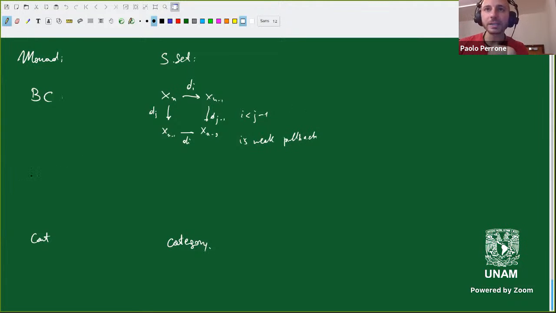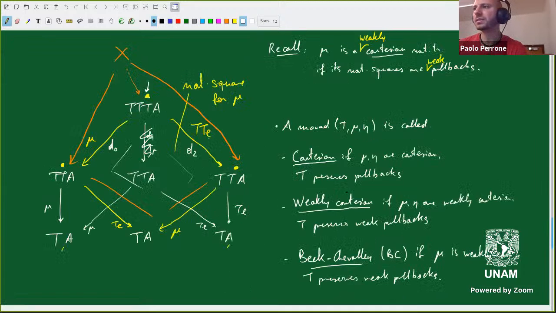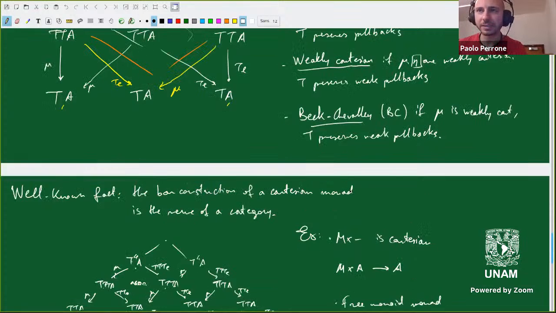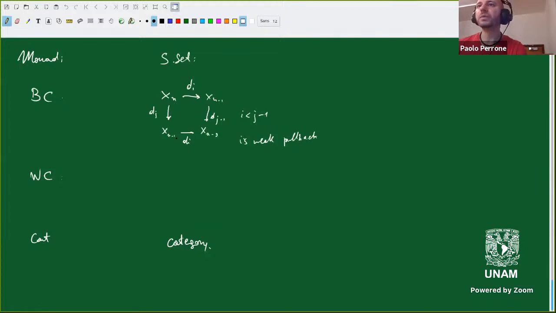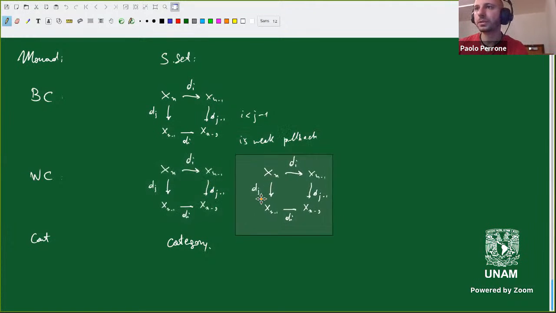If we have weakly Cartesian, so remember weakly Cartesian is like BC, but there's also eta. So we have something about unitality here that's nice. So we have similar conditions here involving also the degeneracy maps. Yeah. So here we have the degeneracy maps. And so this is n plus 1 and this is n.